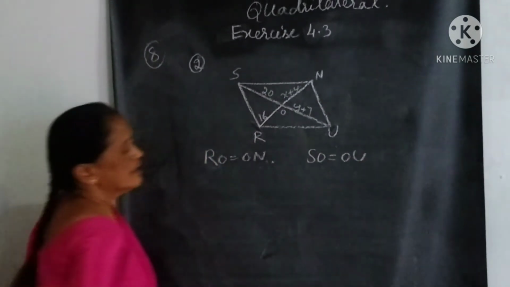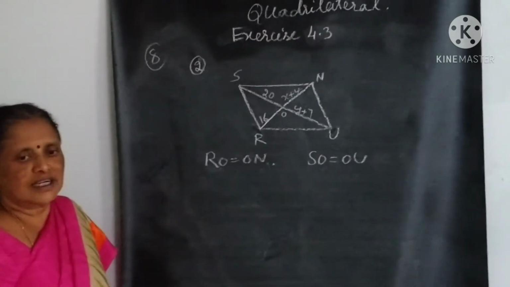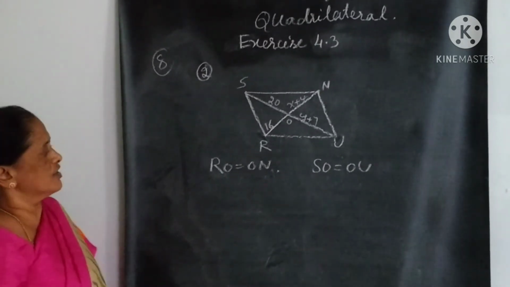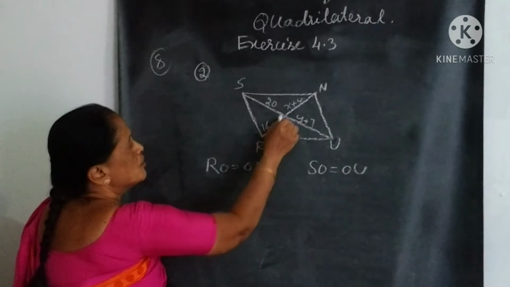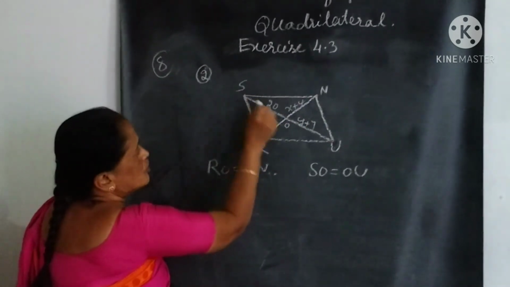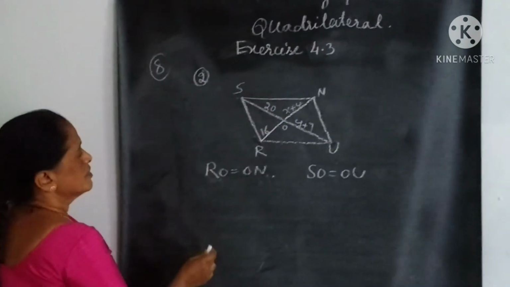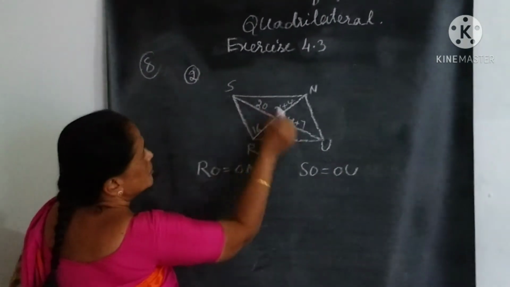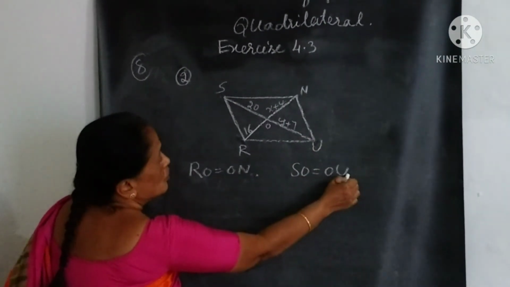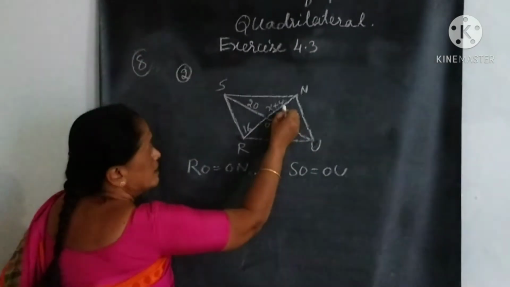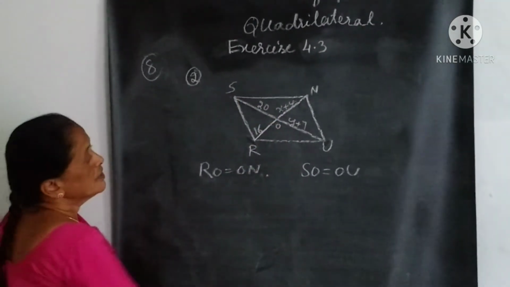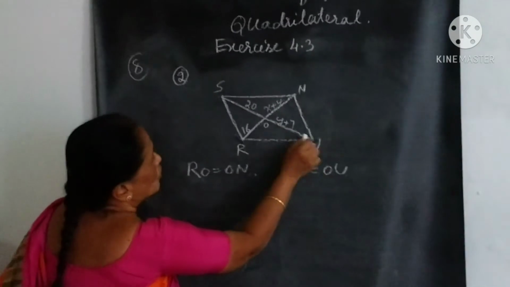Once again, diagonals in a parallelogram bisect each other. RO is equal to ON and SO is equal to OU. Yes, substitute the values here. First, take this. SO is equal to OU. First find the value of Y, then find X.